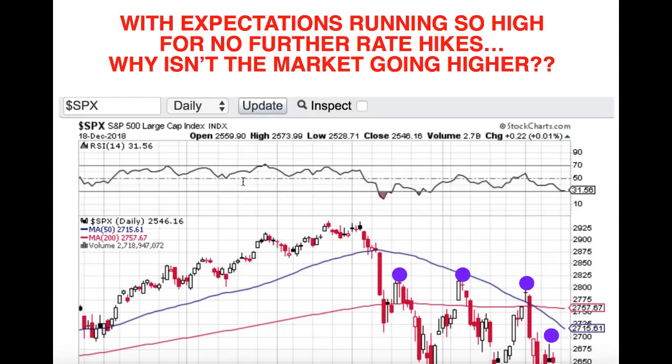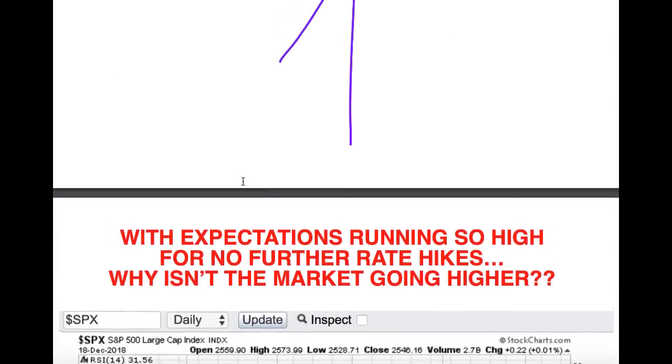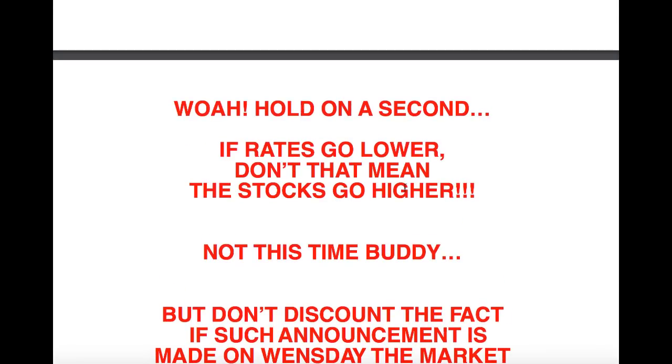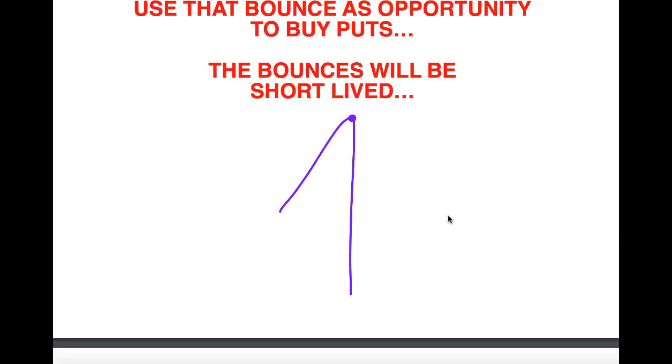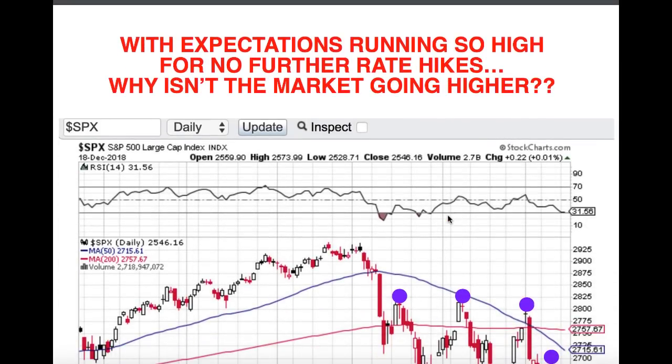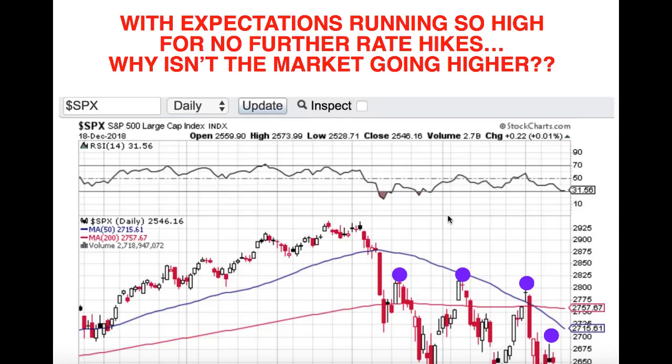Here's what's interesting. You would think that if interest rates go lower, then stocks go higher. Well, clearly, as I've shown you in the previous charts of the dollar, gold, and bonds, everybody is expecting lower rates at this point. So if everybody's expecting lower rates, the general understanding would be that lower rates should produce higher stock prices.